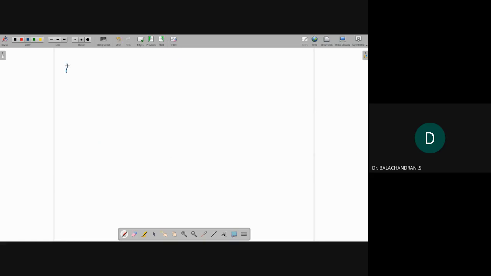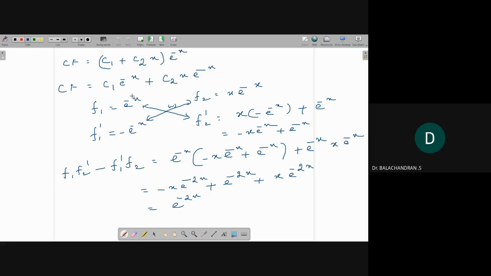Now capital P is minus integral of f2 into capital X divided by the denominator f1 f2 dash minus f1 dash into f2, into dx. Okay, now what is f2? f2 is x into e power minus x.